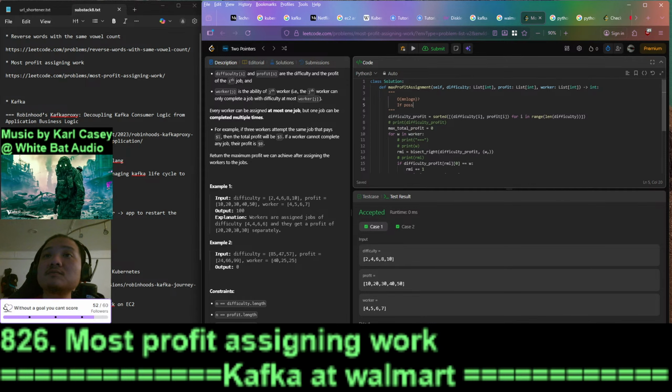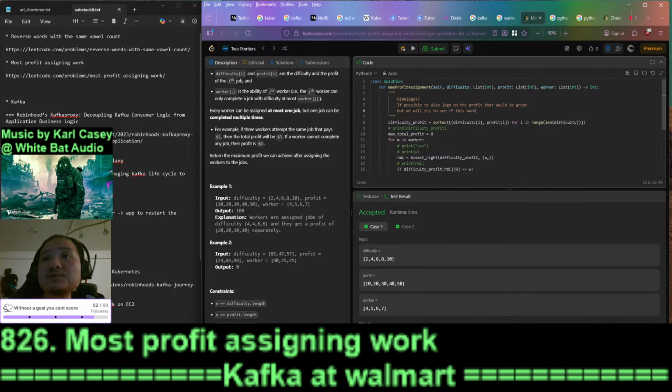If possible to also do log N on the profit, that would be great, but we will try to see if it works.